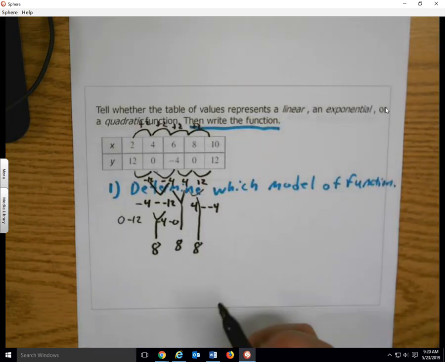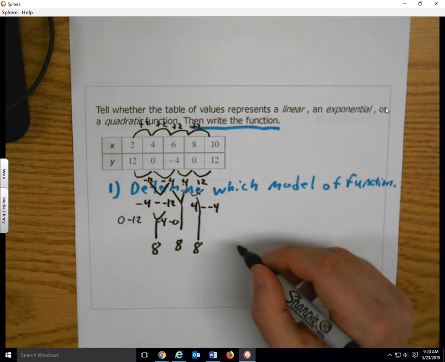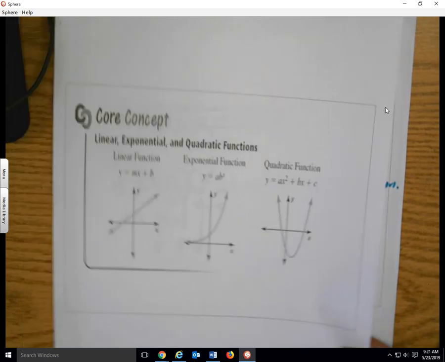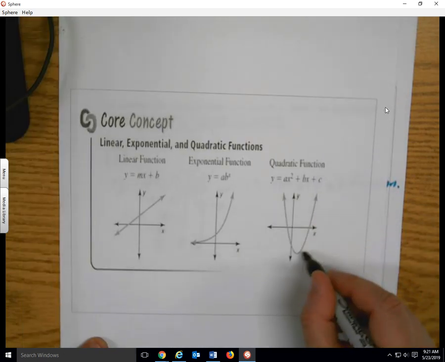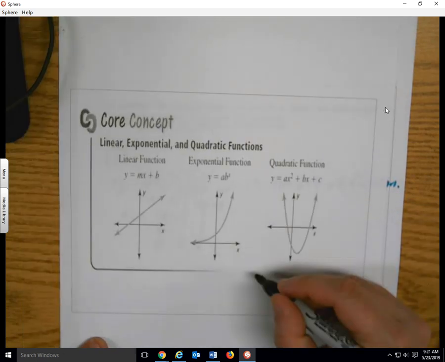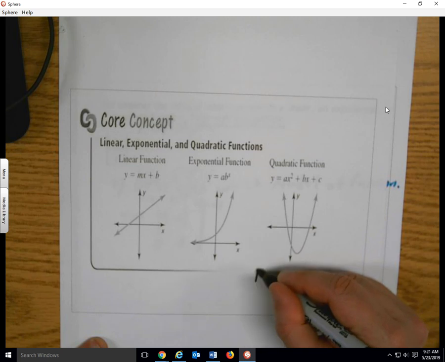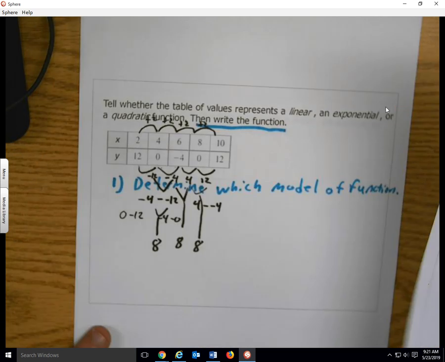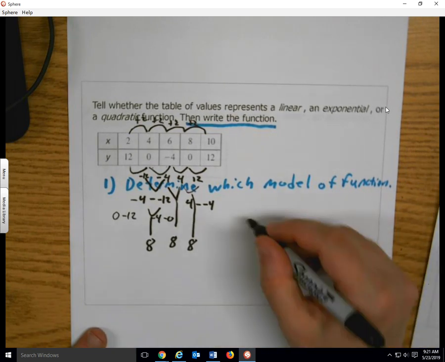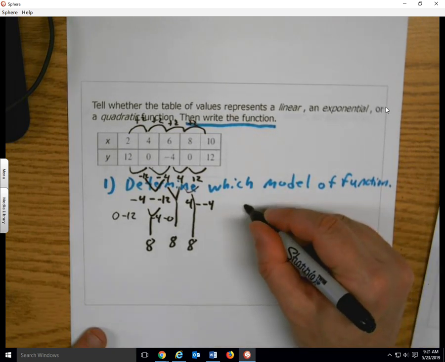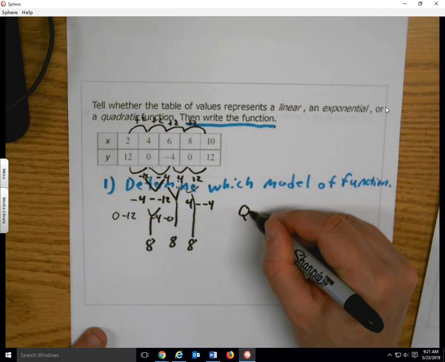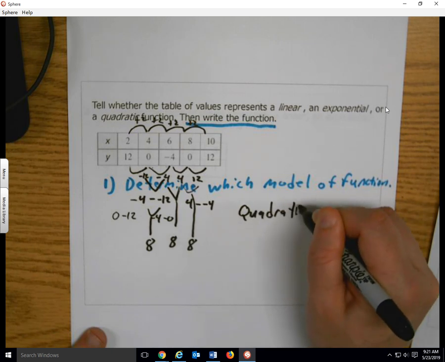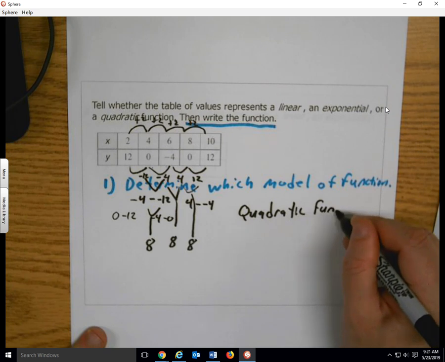So we know that this is a quadratic function, meaning that it's either going to smile, or if it was negative, it would frown. Okay, we did the first step. We determined which model to use. It's a quadratic function.